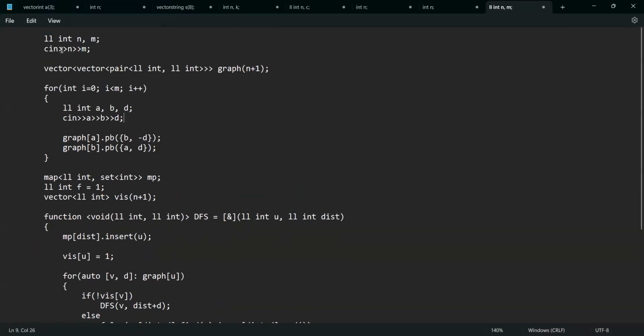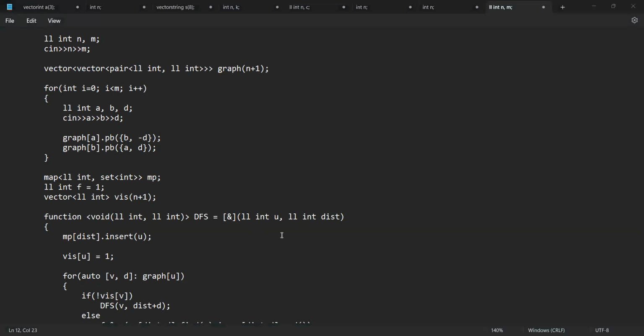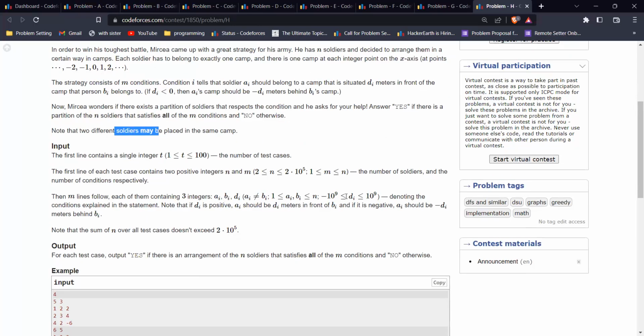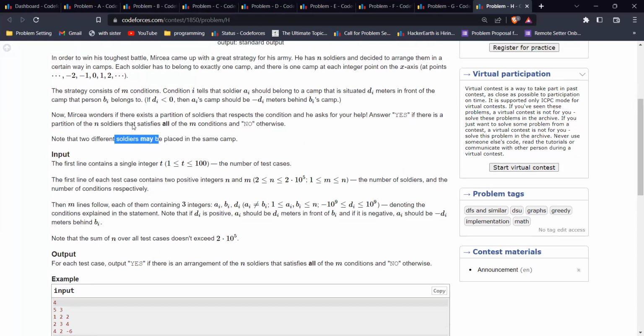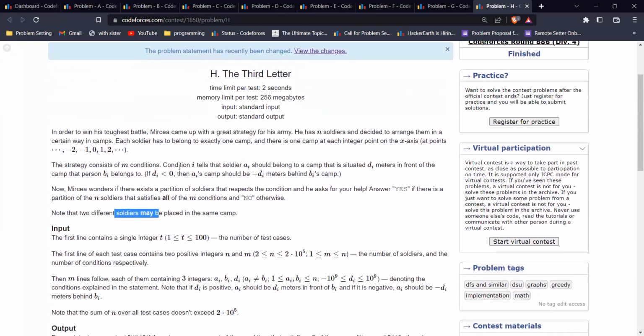So first of all, I'm taking my graph as input. If I was given A, B, this meant that the condition is that A belongs to a camp that is D_i meters in front of camp B_i, right?